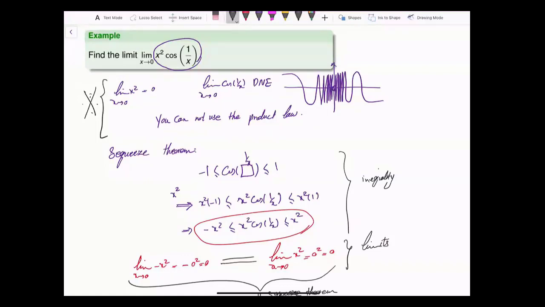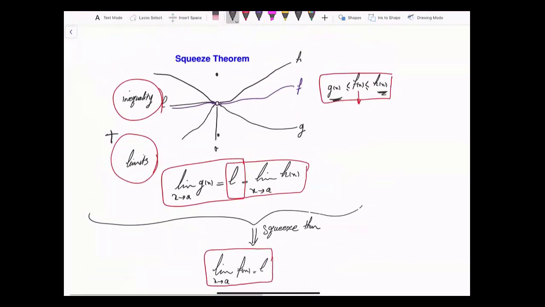If you're asking in general, in the wilderness of limits, that means you have to practice a lot of things to be able to see when you can bring in which tool. One of the important things for the squeeze theorem is that inequality. Finding inequalities is not easy. Take it as a fact and hear from me.